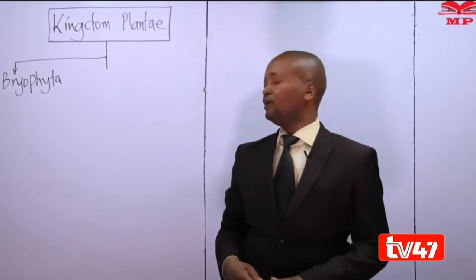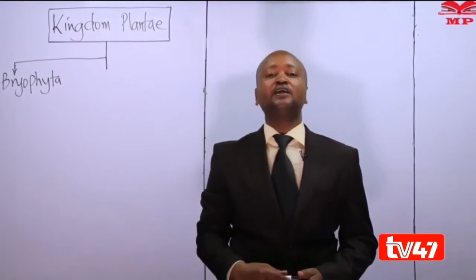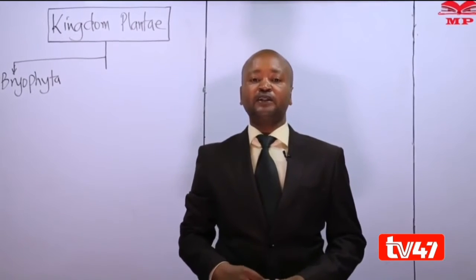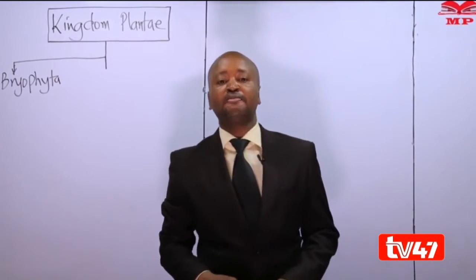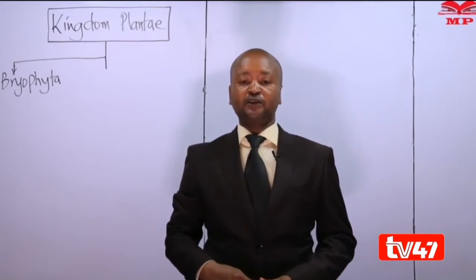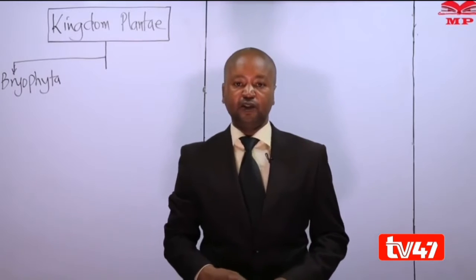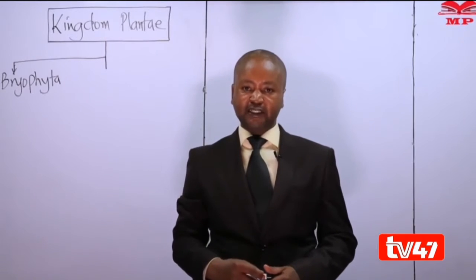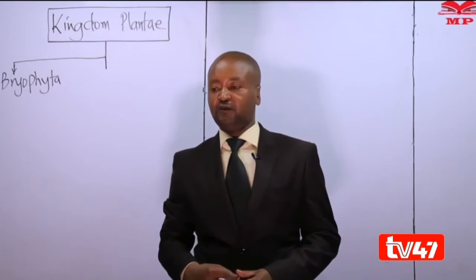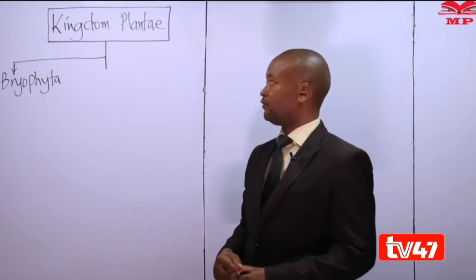It has got the alternation of generations. We have the sporophyte generation, where we have the seta and the capsule. The capsule is the one that bears the spores. Spores are one method of reproduction, and it is known as sporulation. Then we have the other part, which is the main part, the green part of the plant, which normally ensures survival.